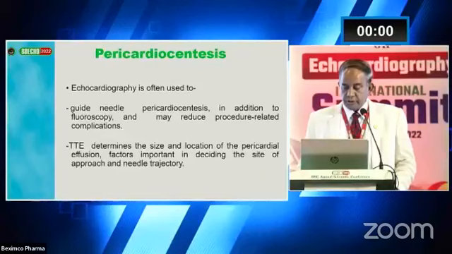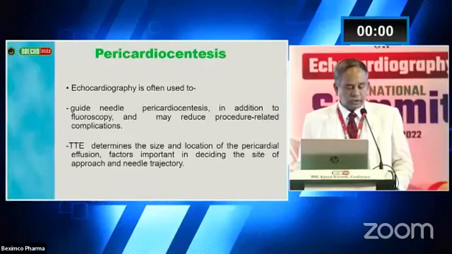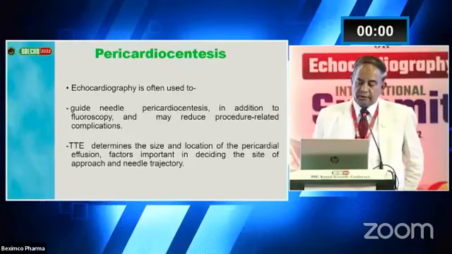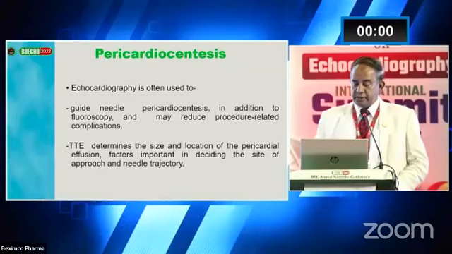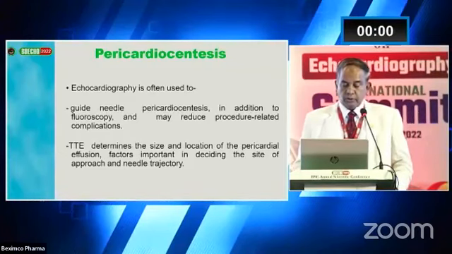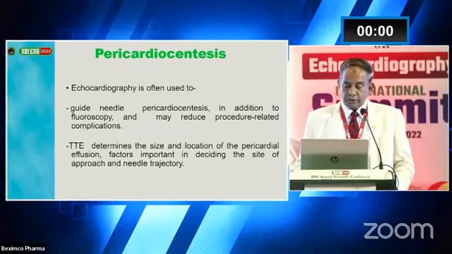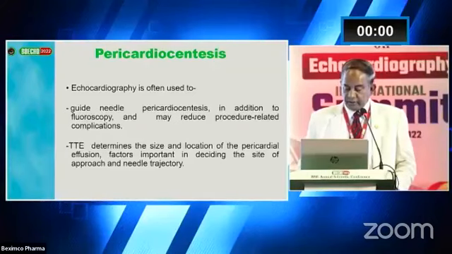In addition to this, echo is also very important in pericardiocentesis. Echocardiography is often used to guide pericardiocentesis in addition to fluoroscopy and may reduce procedure-related complications. TTE determines the size and location of the pericardial effusion, factors important in deciding the site of approach and the needle trajectory.